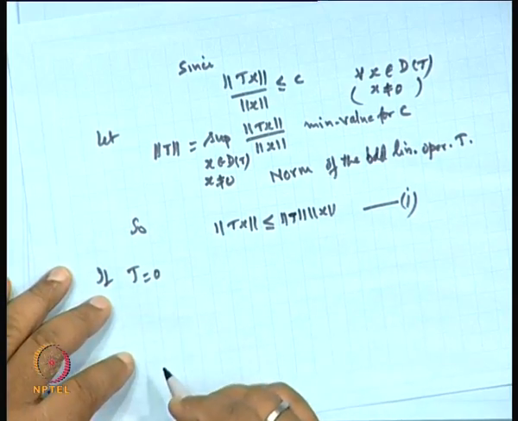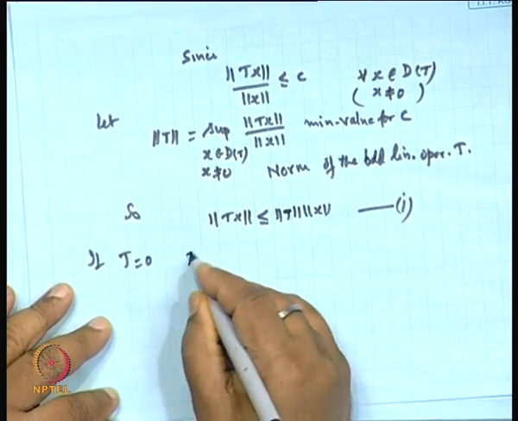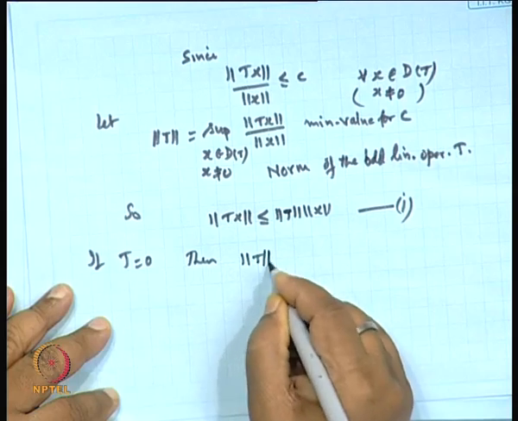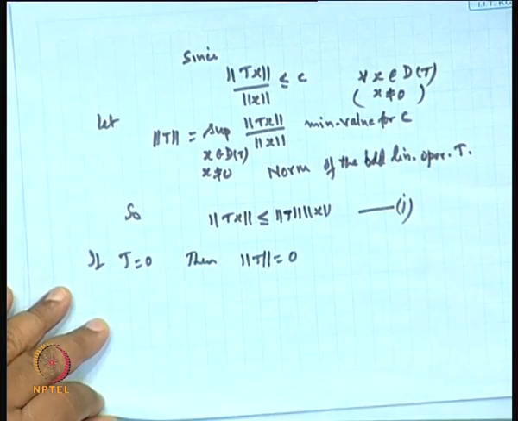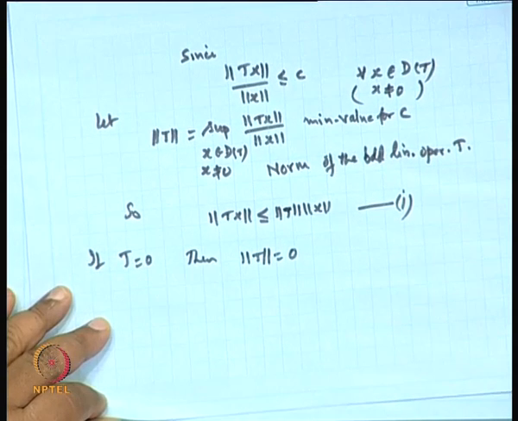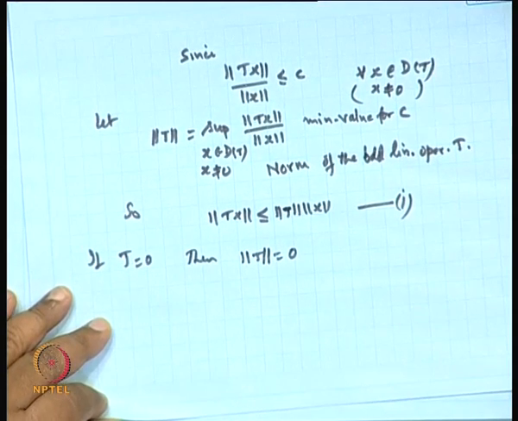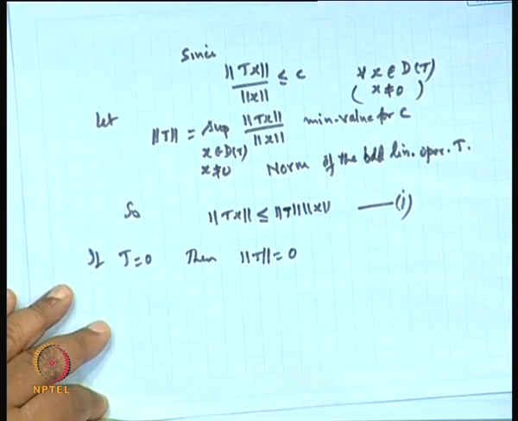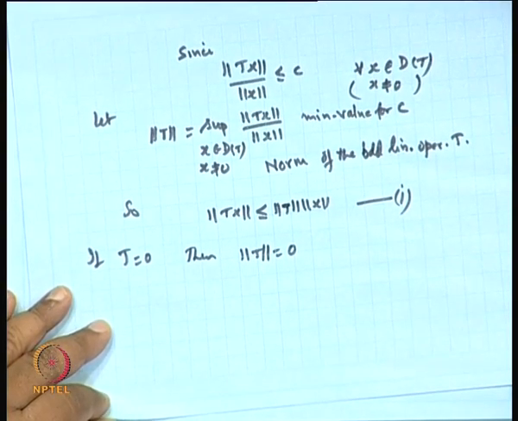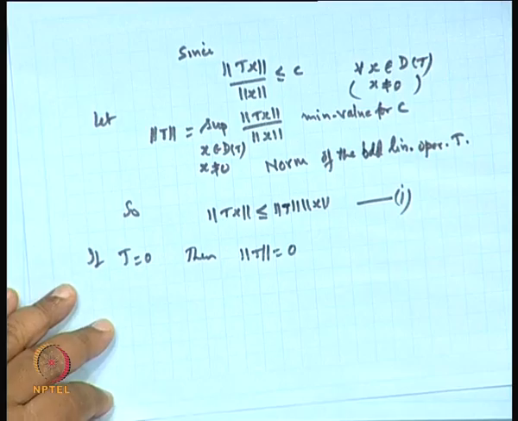If T is 0, then the norm of T is considered to be 0. In order to complete the definition, when T is 0, the norm of T is equal to 0.